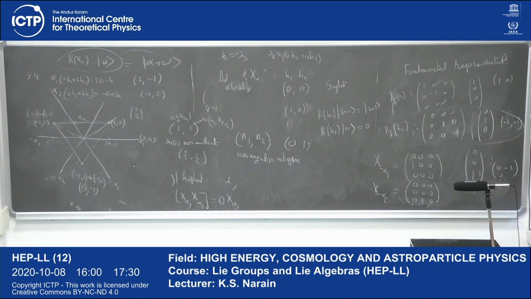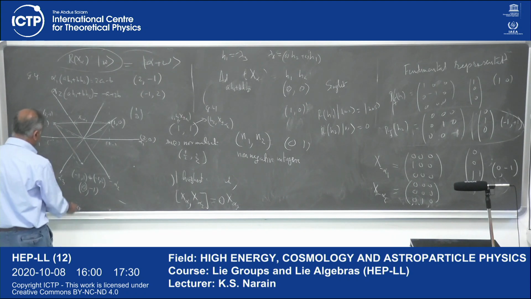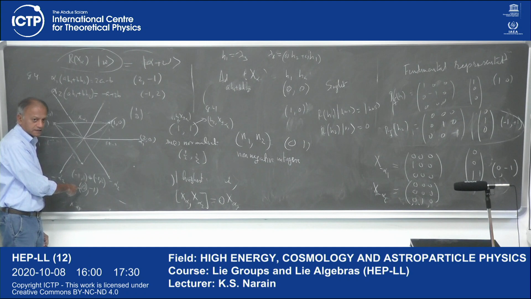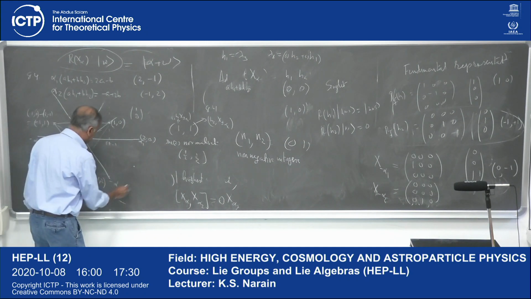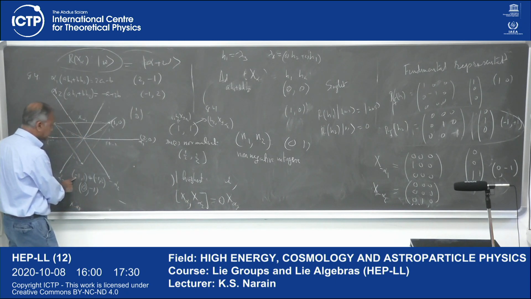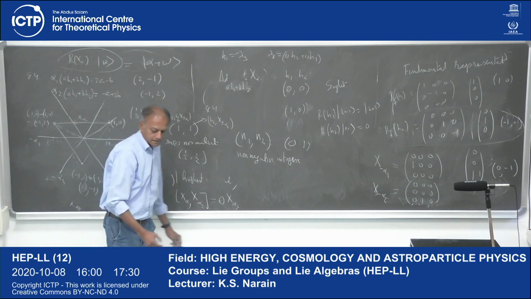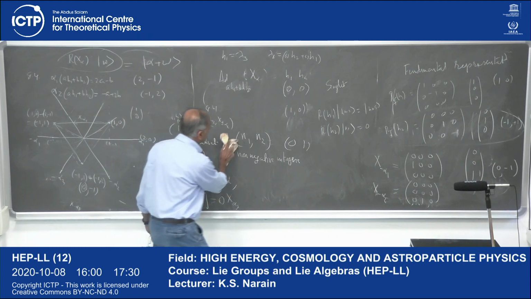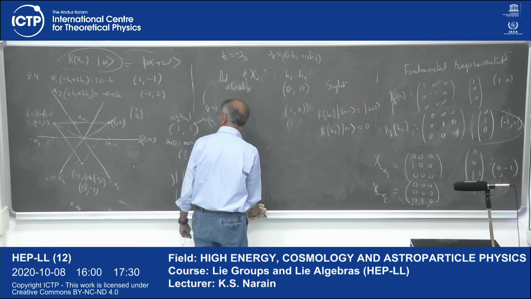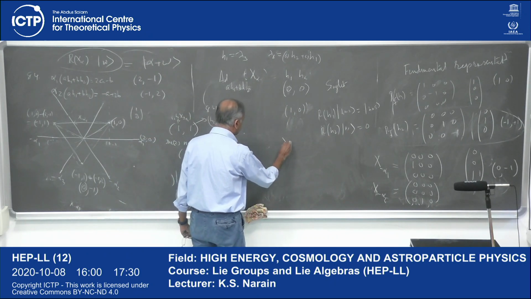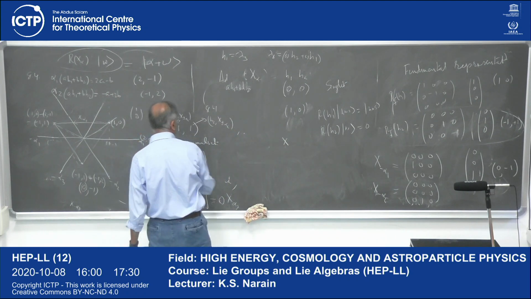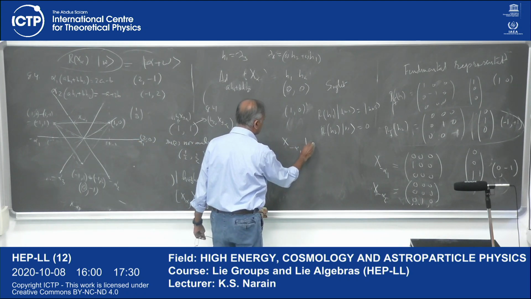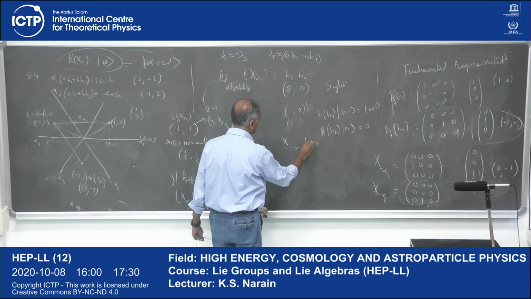You can also prove what you're asking. Here I just looked at this number 0 and I said that this is a singlet. But you can ask the question whether, if I apply x minus alpha 1 on this, it is 0 or not. So this state was already obtained by x minus alpha 1 acting on, let me just call it 1, 0.